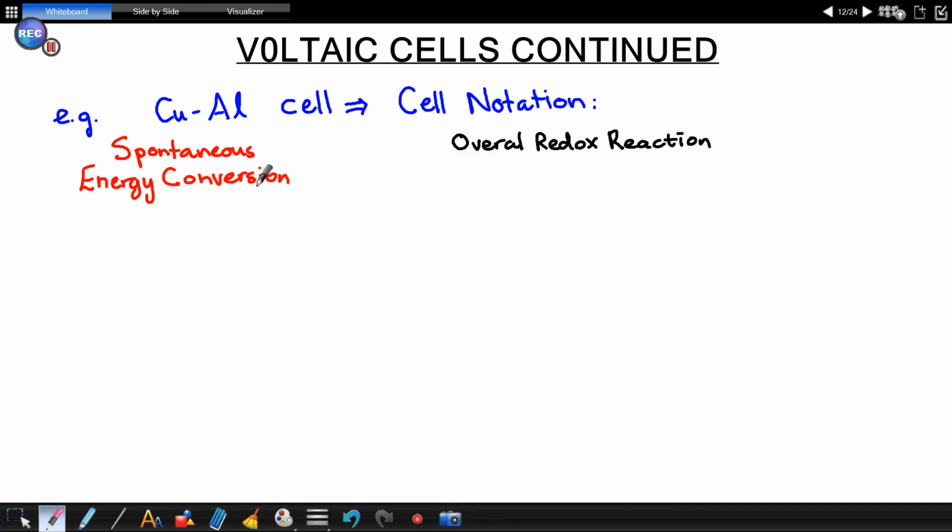Okay? It's a chemical reaction. So chemical energy is converted into, there's a flow of electrons, so it will be electric energy.